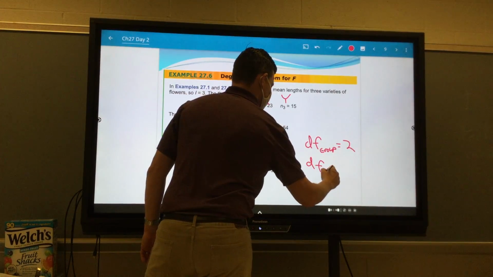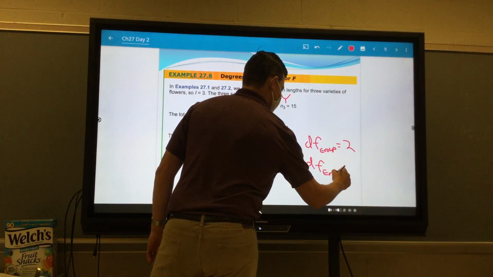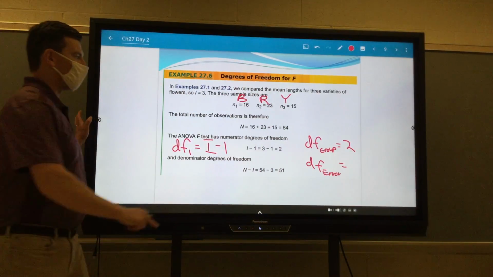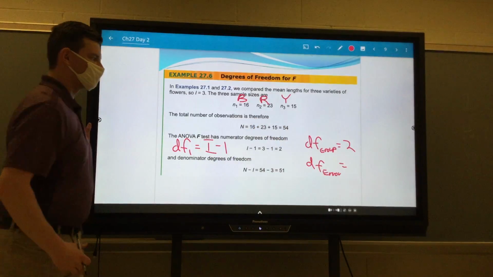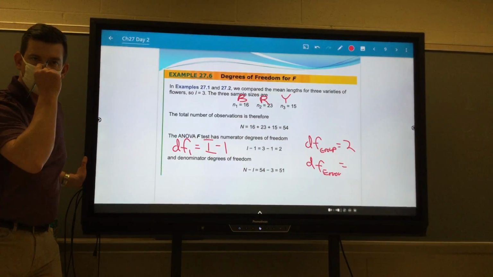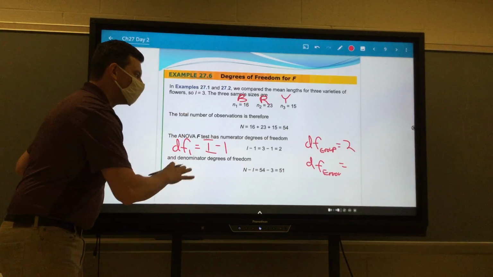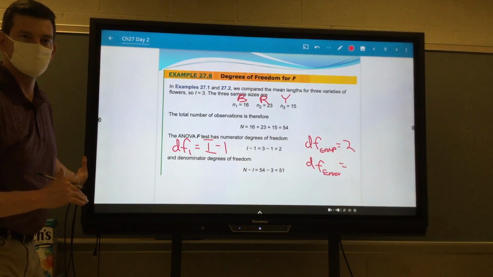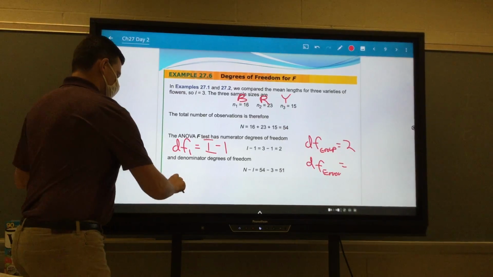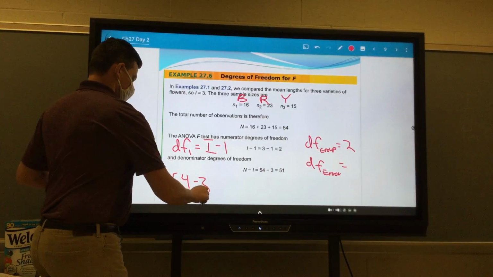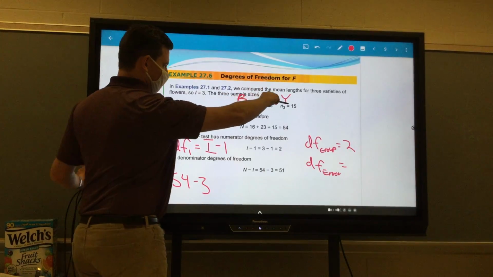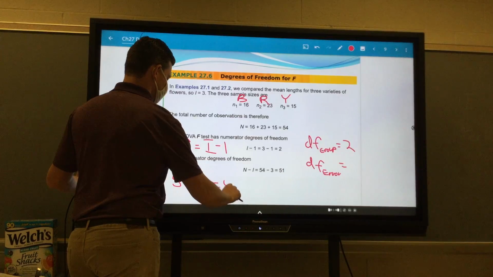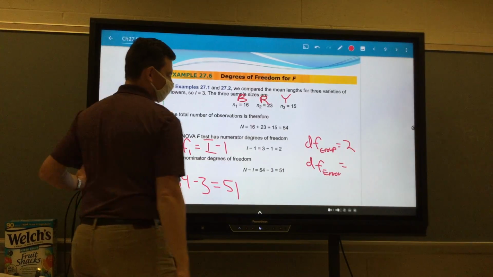Our degrees of freedom for the denominator, our error: we're taking our overall number of individuals in the sample, 54, and subtracting away however many breakdowns of the sample we have. So 54, we have this high variety, the red variety, the yellow variety. Subtract away those three, we have 51.